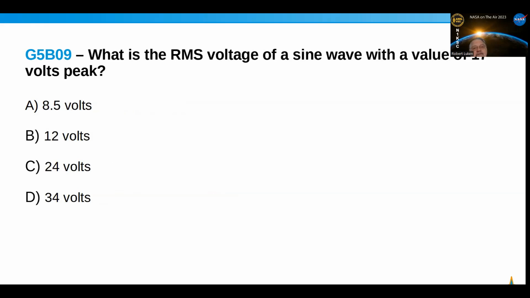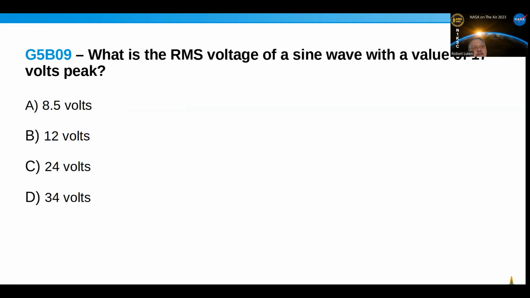So what is the RMS voltage of a sine wave with a value of 17 volts peak? Half of the sine wave is 17 volts. 12 volts.